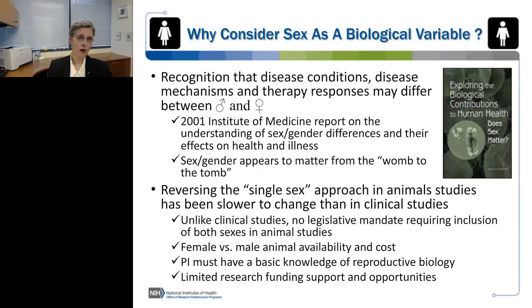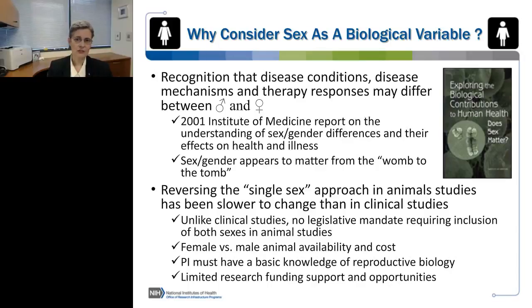The overarching conclusion of this report is that sex and gender appear to matter from the womb to the tomb. However, reversing this single-sex approach in animal studies has been slower to change than in clinical studies, and there are a couple of reasons for this.